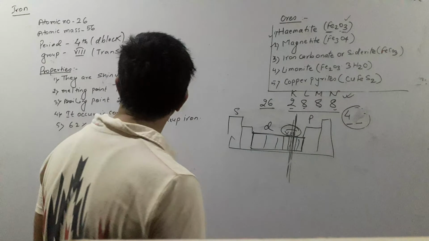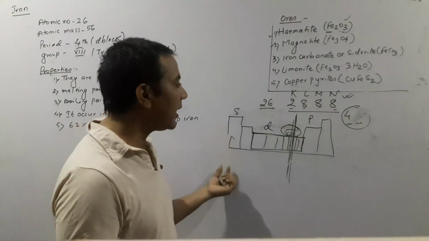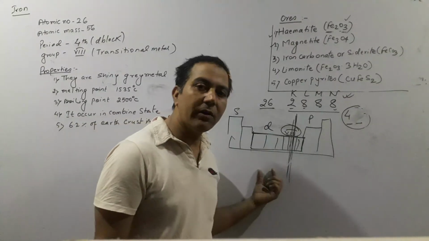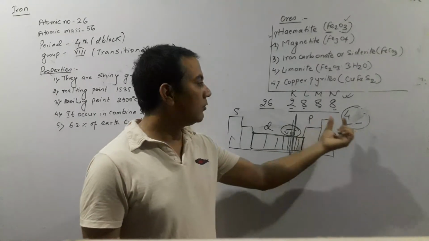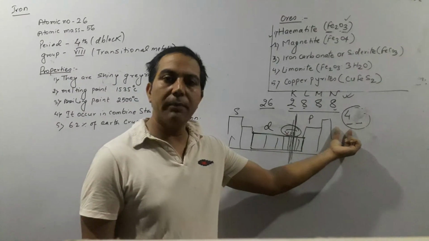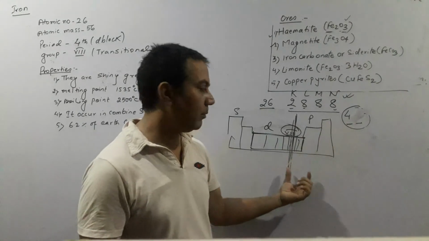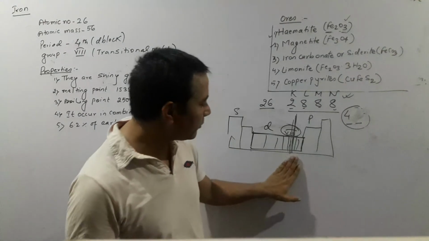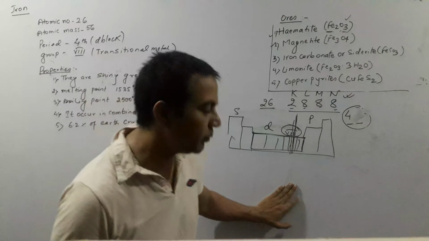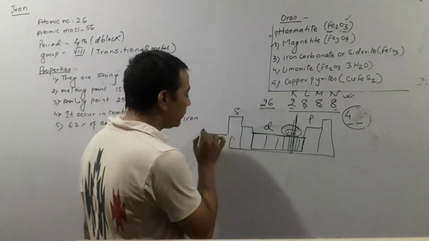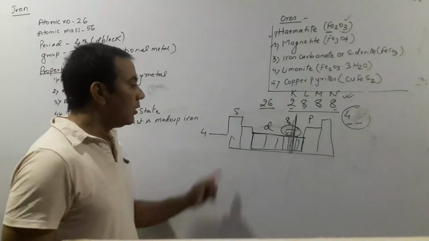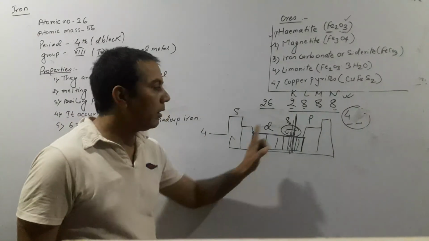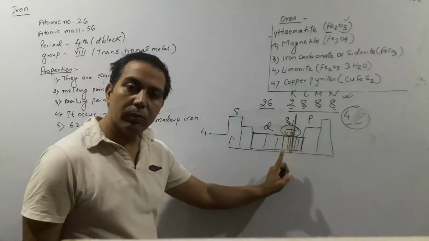Then in the periodic table the position of the iron is in group 8, 4th period, 4th row and group 8.